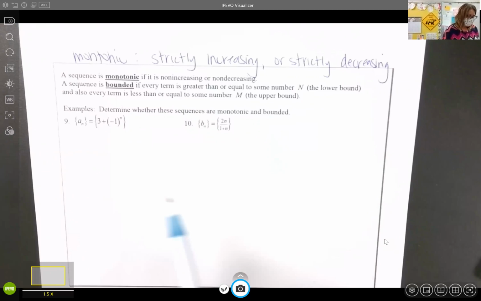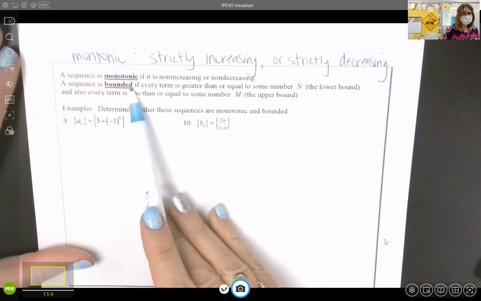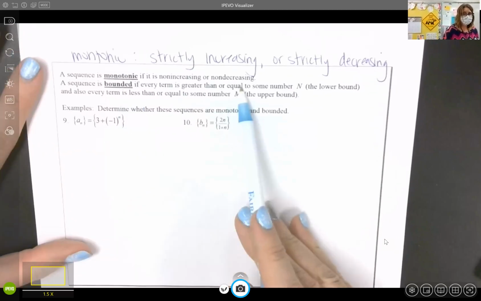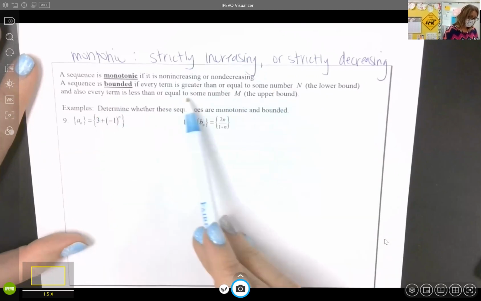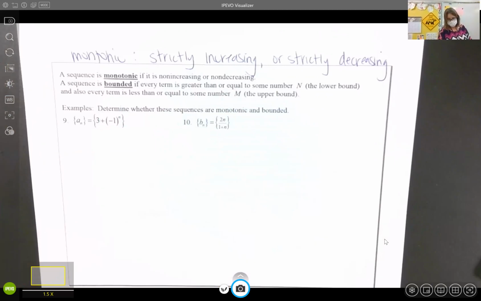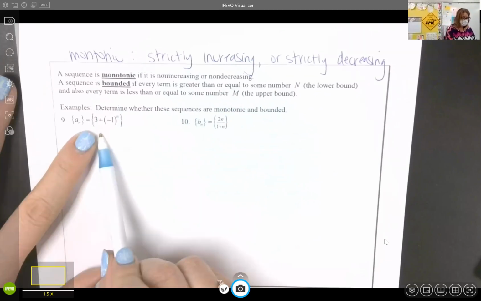A sequence is bounded if every term is greater than or equal to some number n, and also every term is less than or equal to some number m. Okay, so what we're trying to say on this one, even though this diverges, right? So we already did this one.